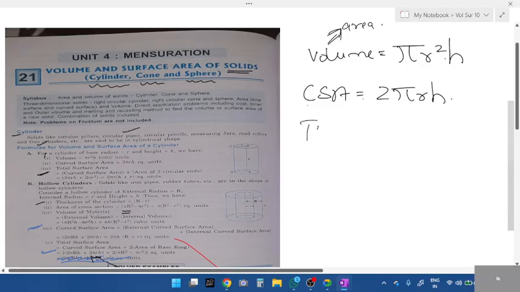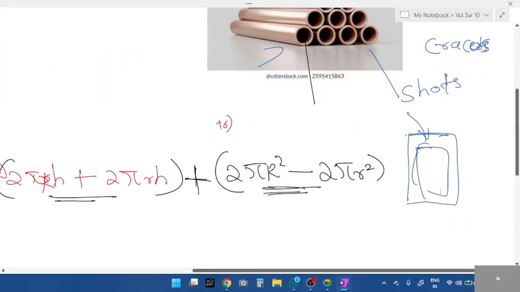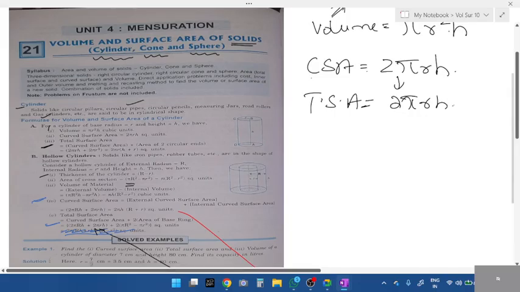Next, total surface area. Take this 2 pi r h, plus you'll have top and bottom. In a solid cylinder, you can touch the top and the bottom part as well. So even for that, we need to find area, students.